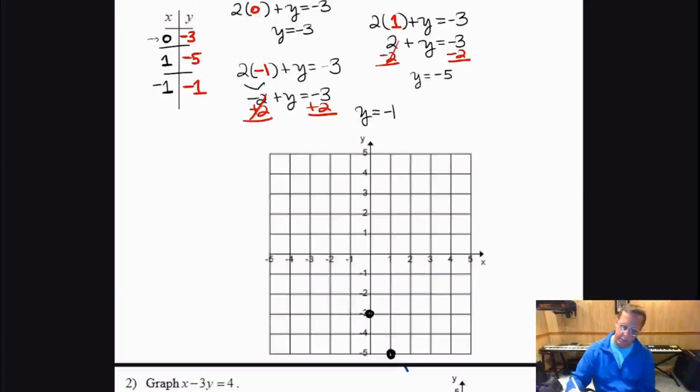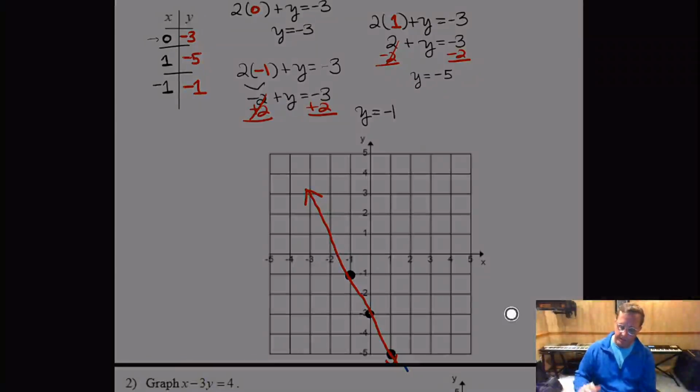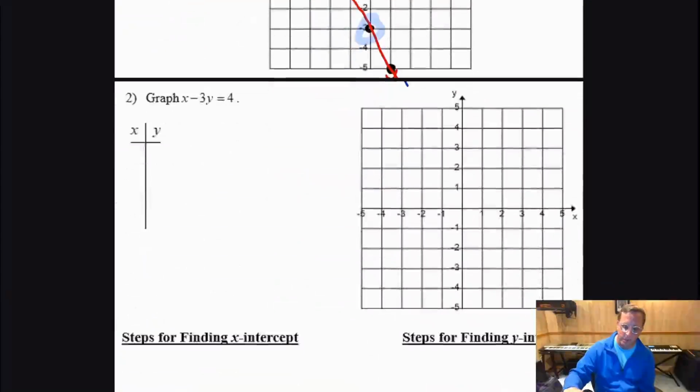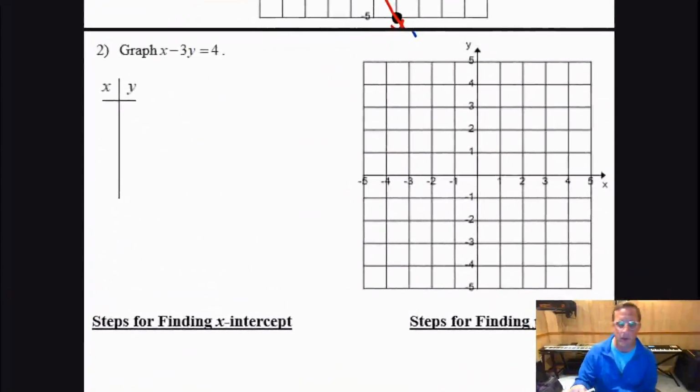And the third point, we've got -1, -1, and there it is. So right there is your x-intercept, and right there is your y-intercept. That equation had an x and a y in it, and it's guaranteed to go through the x and y axis at one point, not more than one point. If it goes through at more than one point, it's not linear.